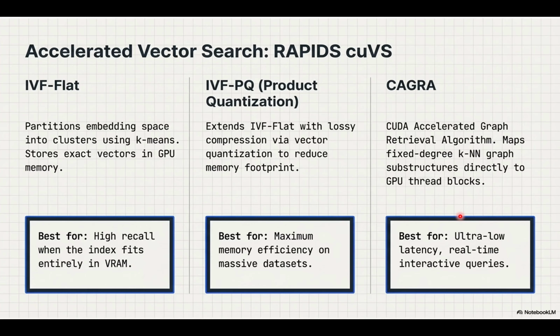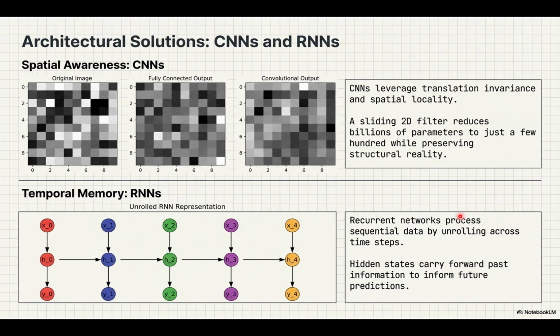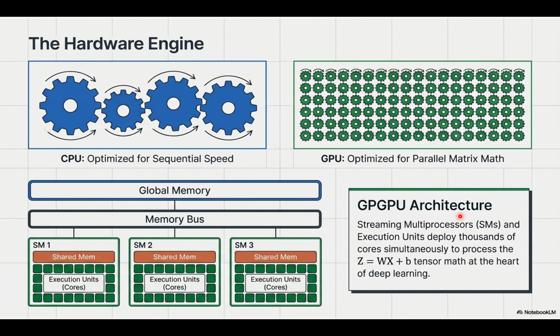So, what does this all mean? Let's look at the journey we've taken today. We started with the biological inspiration of human neurons. Scaling that up to understand why traditional networks fail at complex spatial tasks. Leading to convolutional neural networks for images and LSTMs for time. We learned that the sheer parallel math required, multiplying all those massive grids of numbers, is why we rely on the raw horsepower of GPUs instead of CPUs.